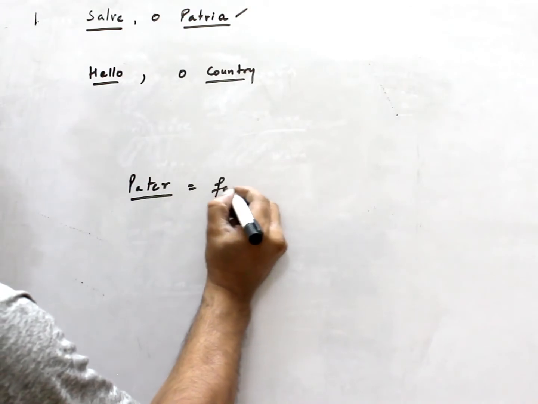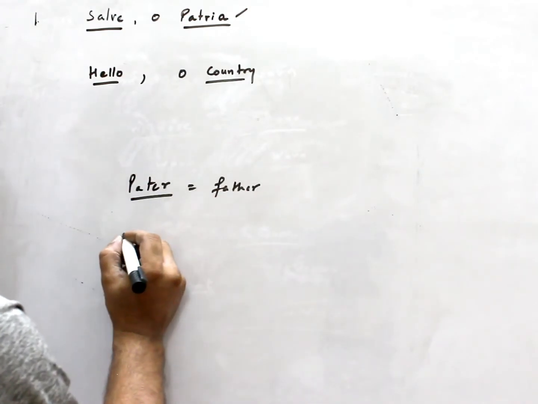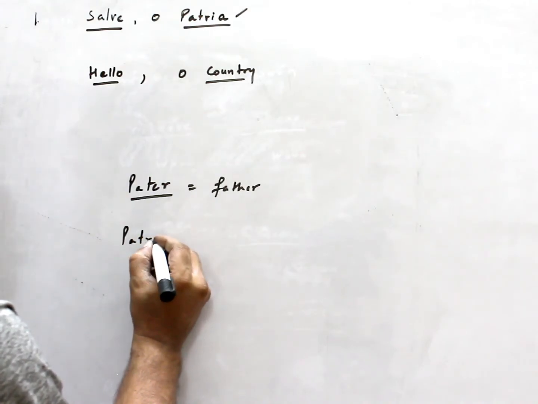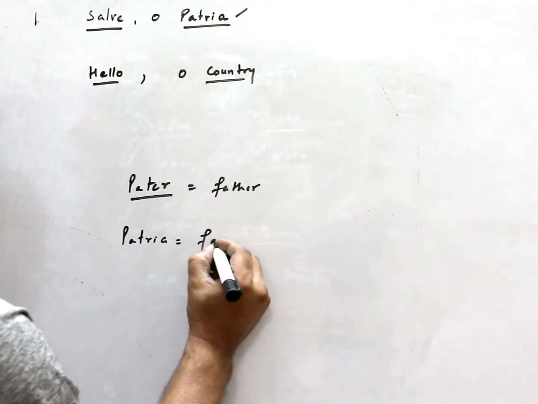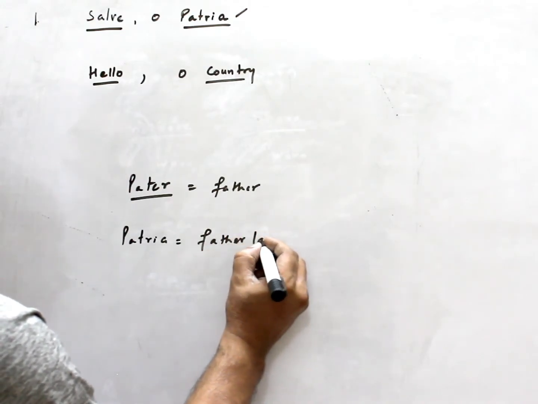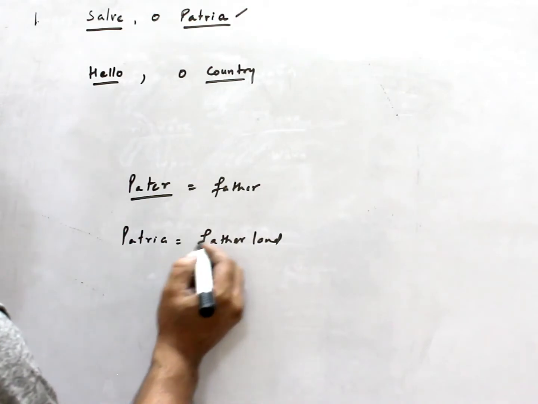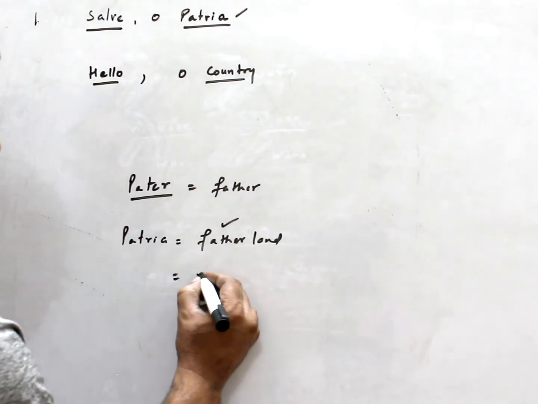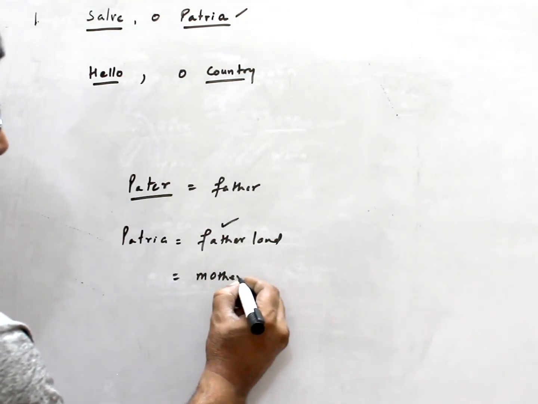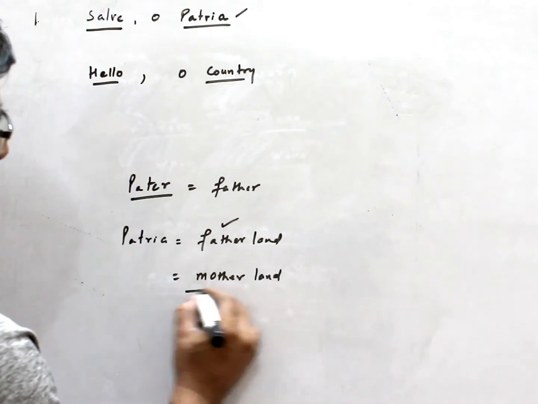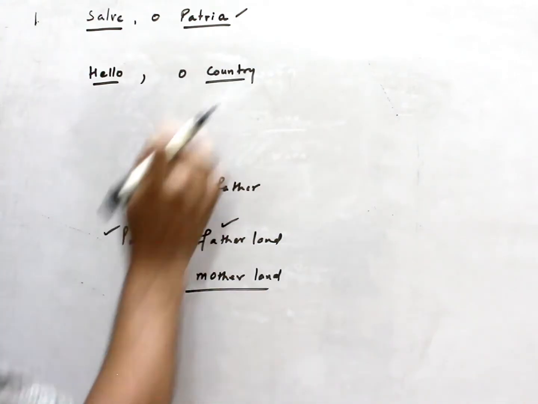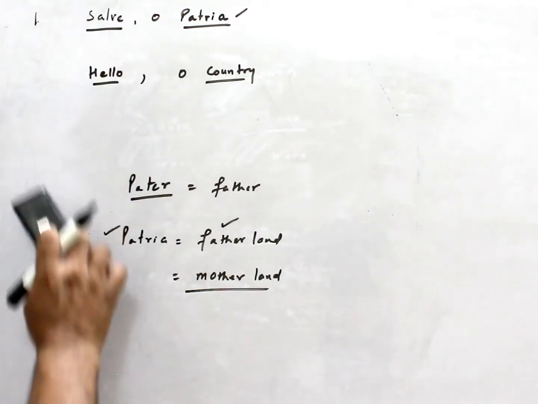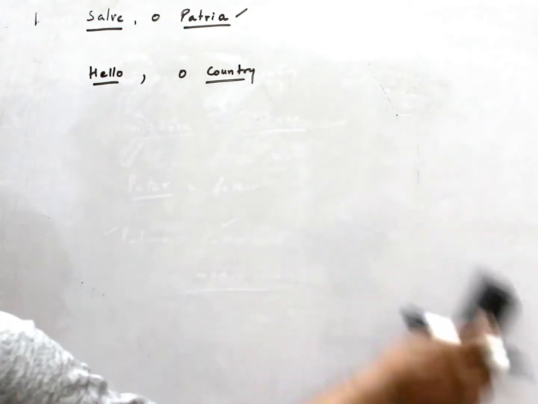Pater means father, but patria is fatherland. But normally for the country the word motherland is used. So, hello, O country. This is one sentence. And salve we already know.